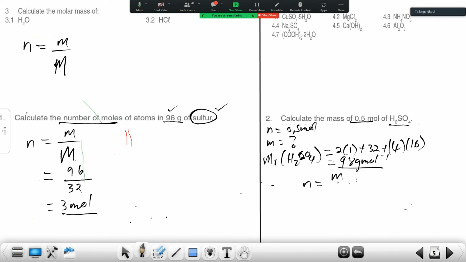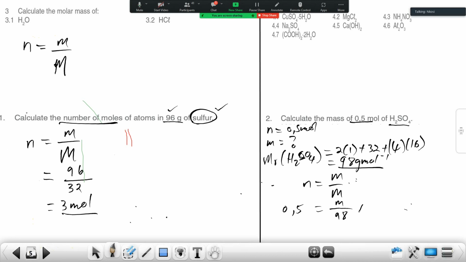Then I can use my equation n = m over M, where the mass is unknown: 0.5 equals m over 98.